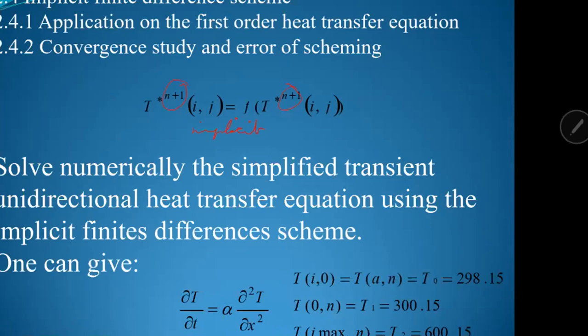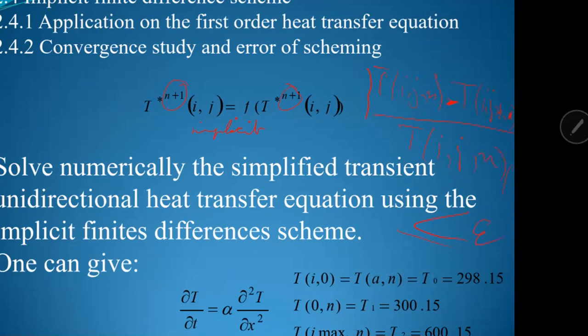Then I can do a test, we can call it convergence test: the absolute value of Tijn minus Tijn minus 1, over the absolute value of Tijn. Is it lower or equal to a certain epsilon?